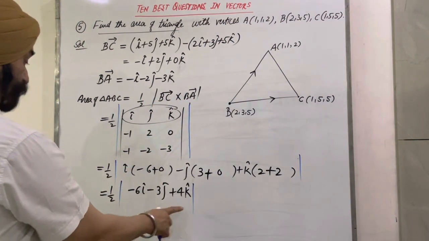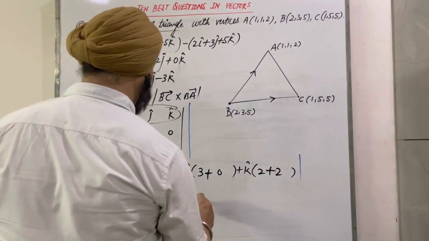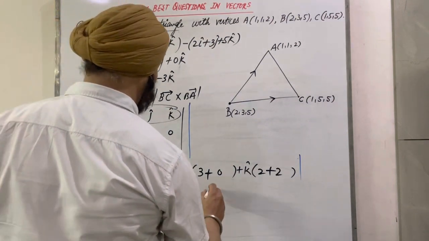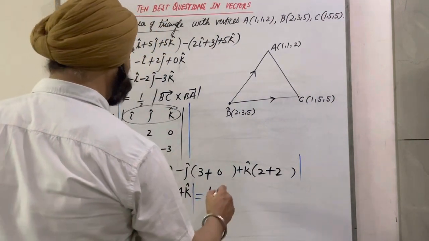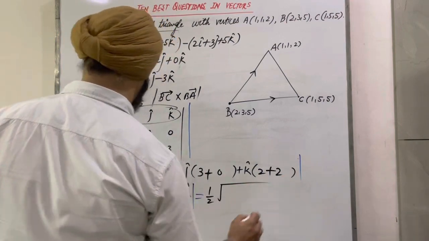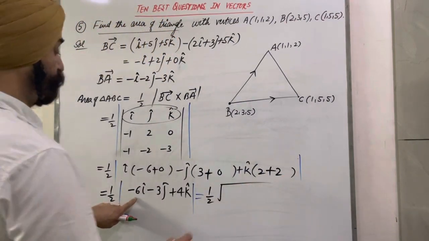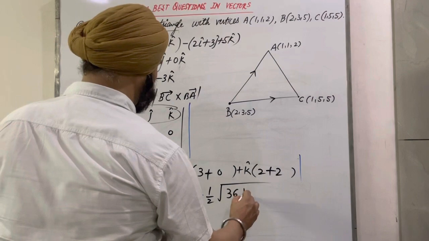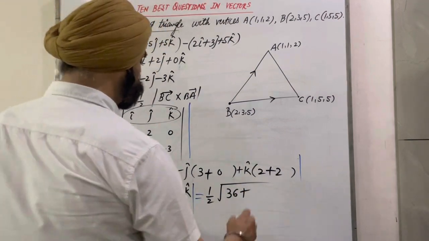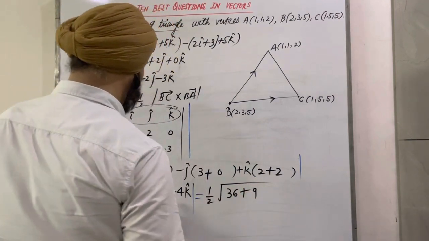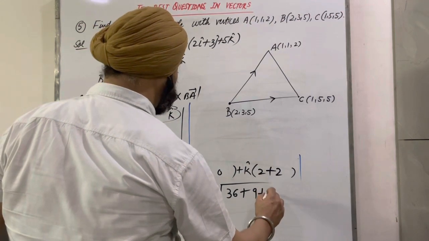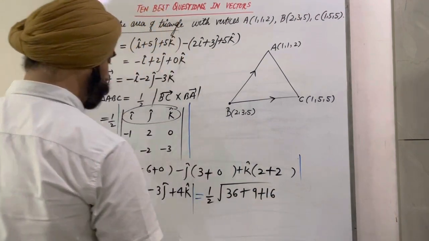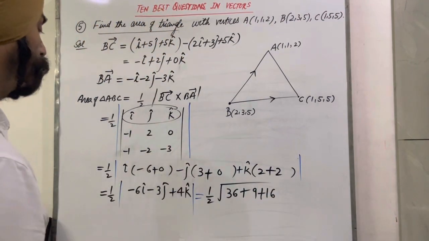Now if we have to find its magnitude, half remaining the same, half was outside. So magnitude means it is -6 whole square, that makes it 36, plus -3 whole square, that makes it 9, and 4 whole square makes it 16. Right?